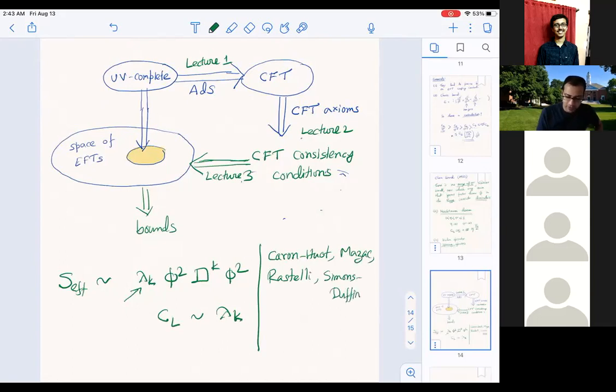What they are doing is exactly what you're asking: they start with some CFT correlator, which is exactly like some AdS scattering.